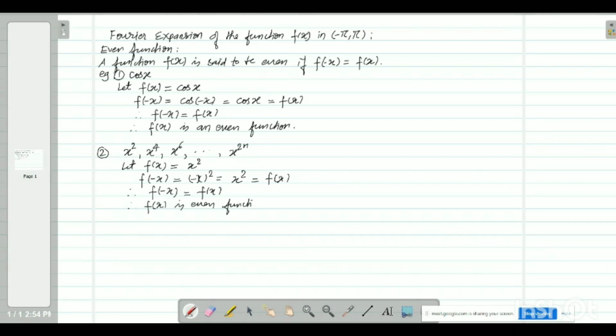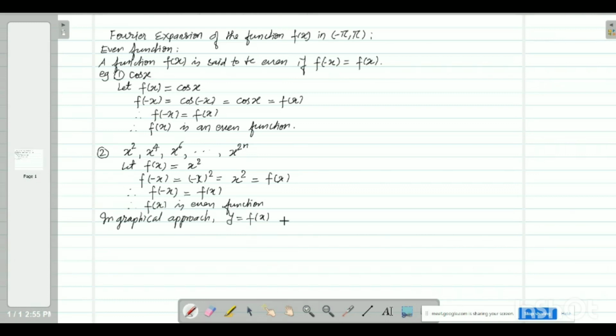Okay. So in a graphical way, how can we say that this function is an even function? This is x square. In the graphical approach, let y equal f of x.